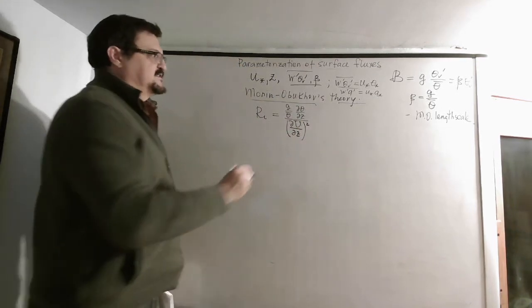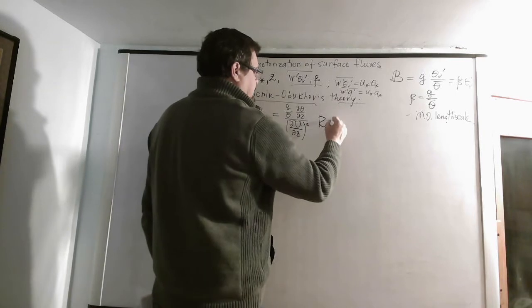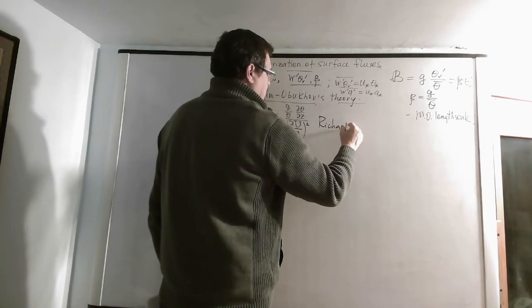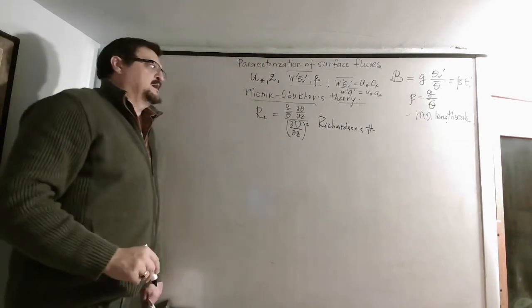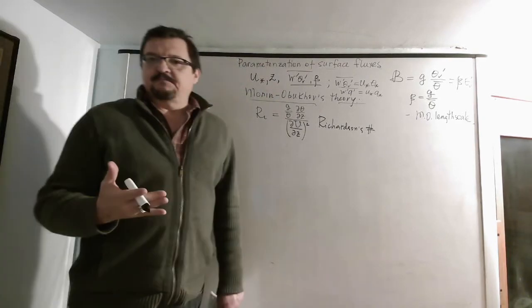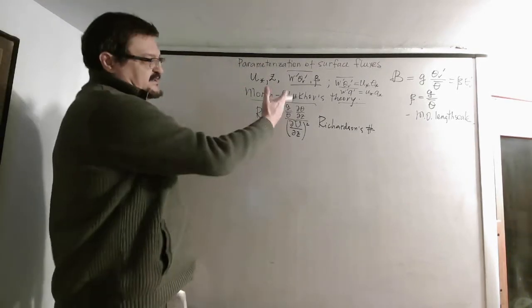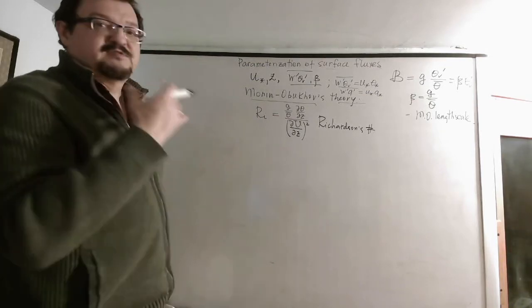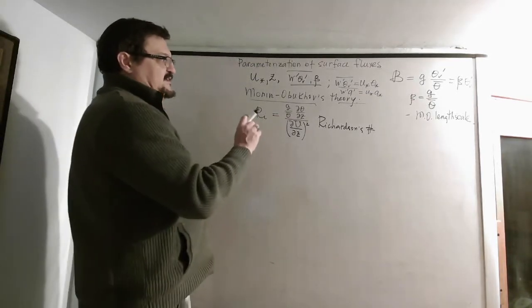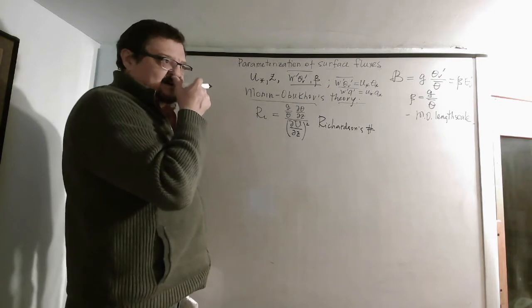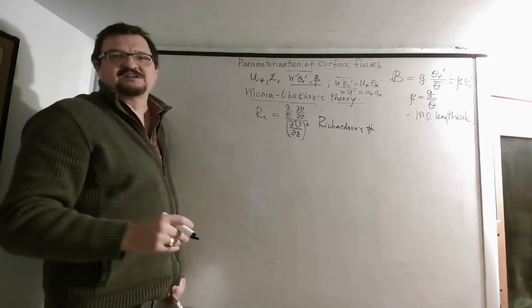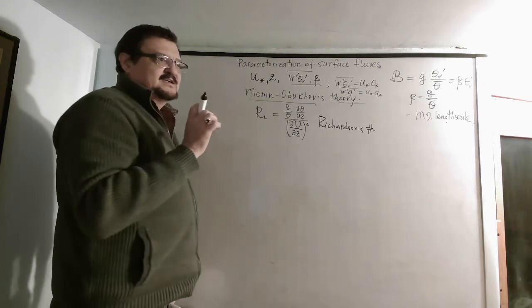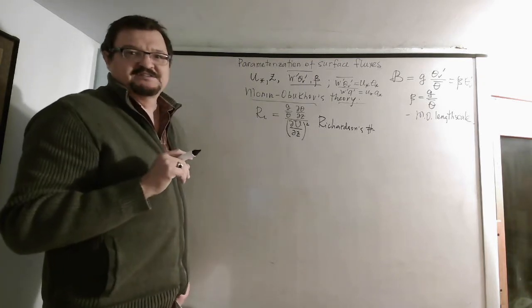So this is the Richardson number. It's of no use to us because of these derivatives, so we replace it with the bulk number, which is basically a linear representation of the vertical derivative, using first order differences.